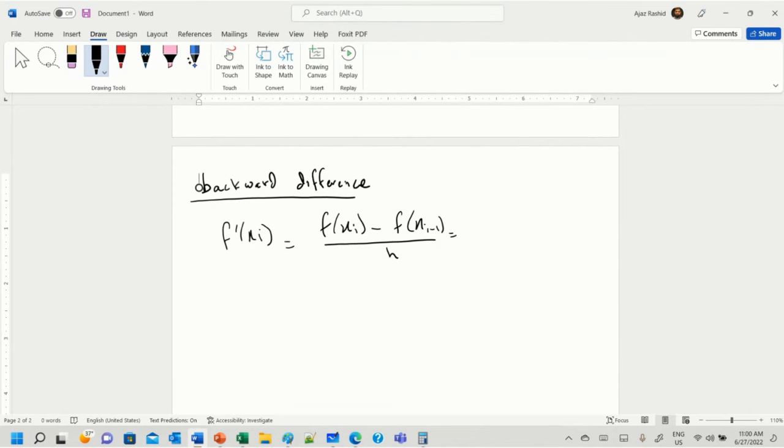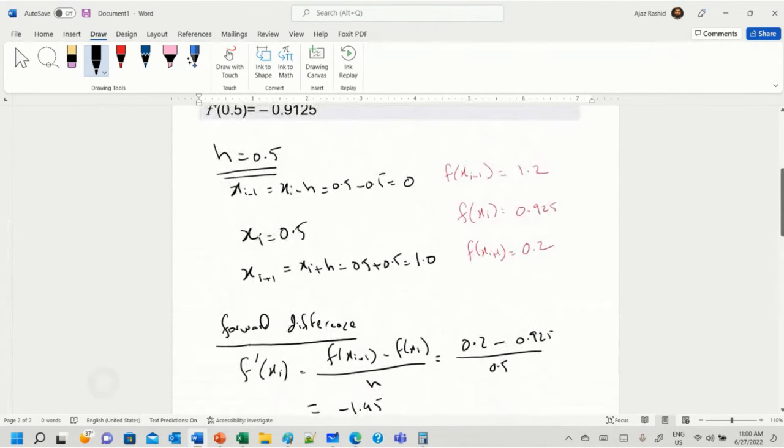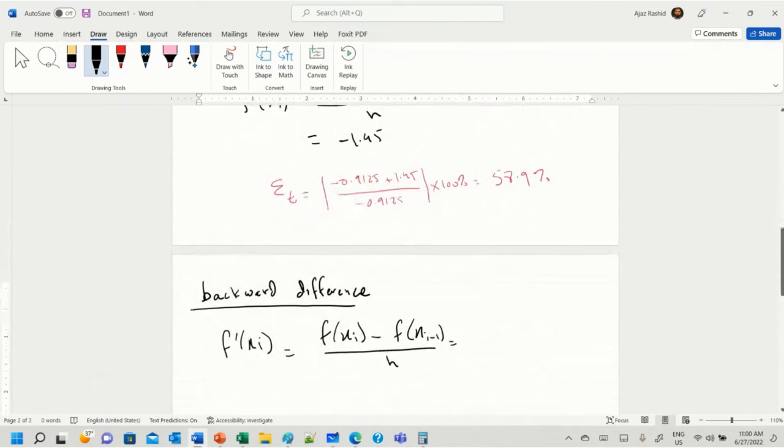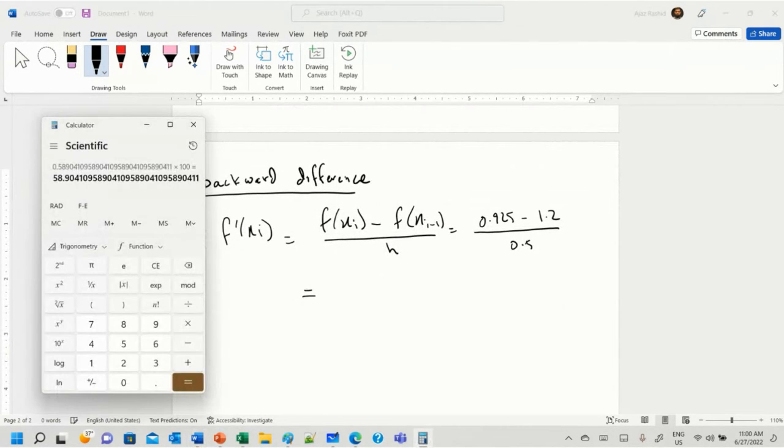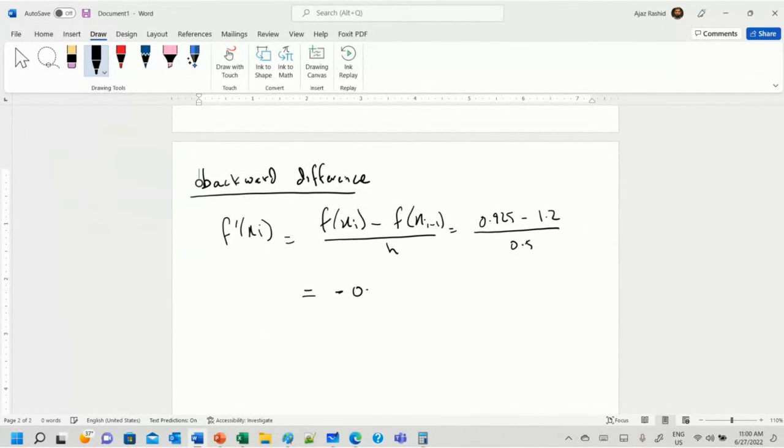The function at xi is 0.925 and this is minus 1.2 divided by 0.5. So 0.925 minus 1.2 divided by 0.5 comes out to be minus 0.55.